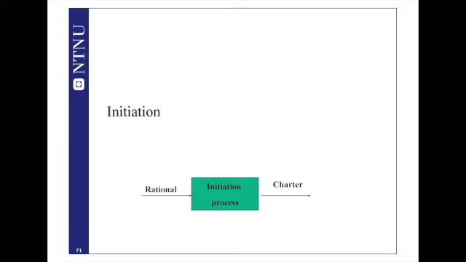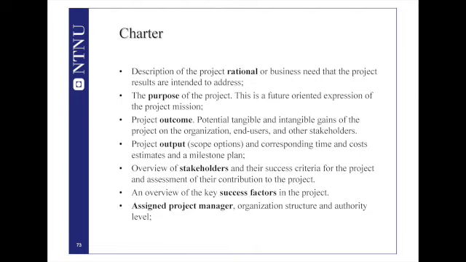So actually the outcome of the project initiation process is a document. This document is called the charter or the mandate or the project scope. It has many different names, but it is simply a document. So what does this document say?